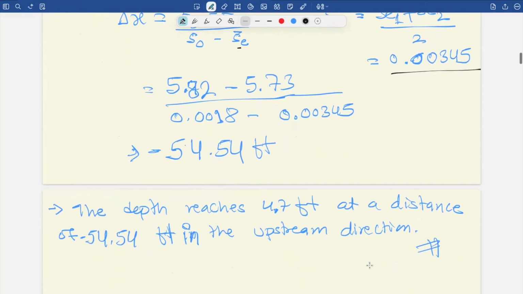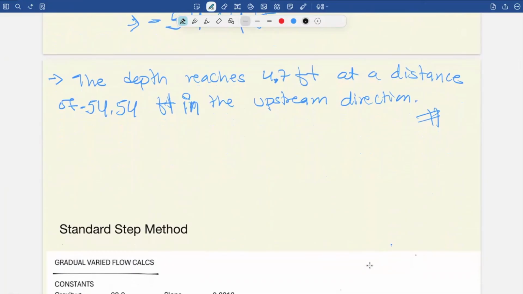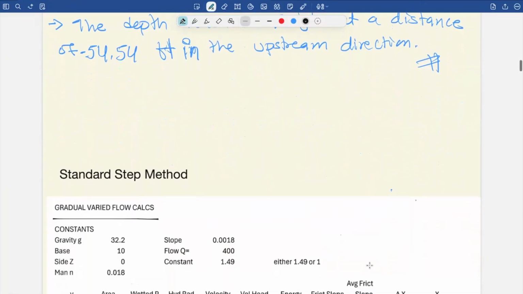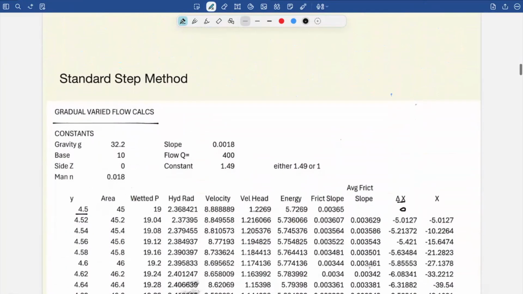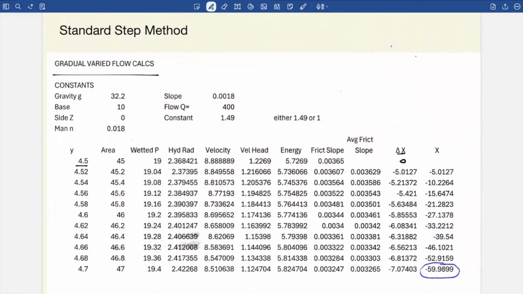So there is also another approach for finding the distance, and that is called the standard step method. I think we will conduct the lab for this part in the coming week as well. Here it is the same thing, but we will do it incrementally.